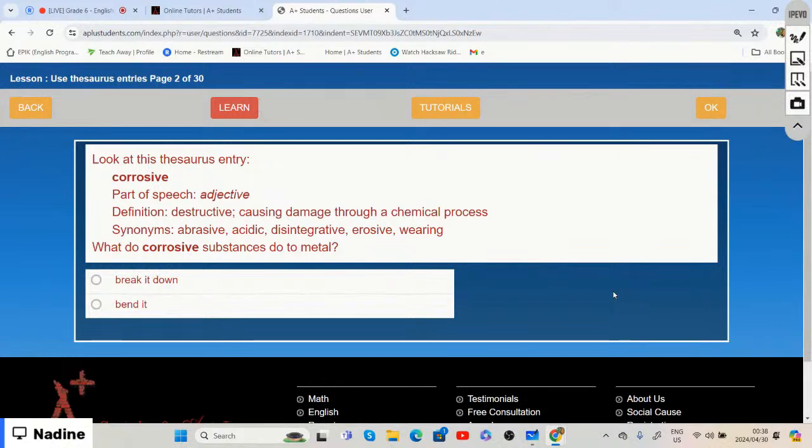It describes the noun, tells us more about the noun, or we can even say it modifies the noun. Then our definition of the word corrosive is destructive, causing damage through a chemical process.